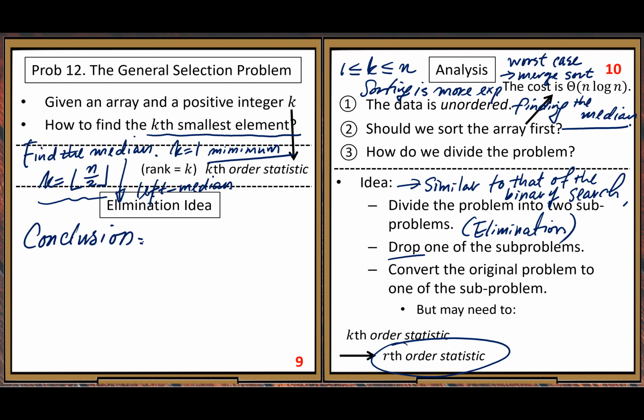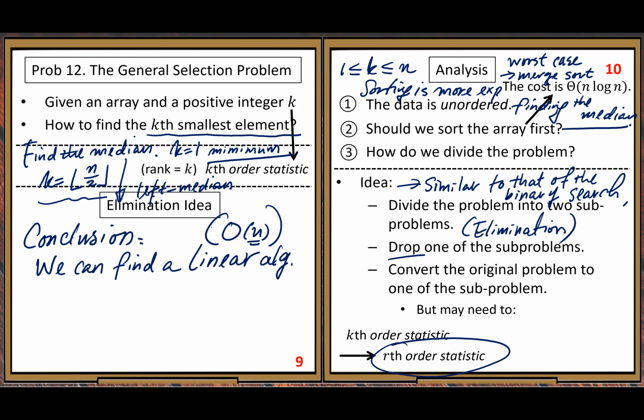By this elimination method, we can find a linear algorithm, Big O of n, to solve the selection problem.